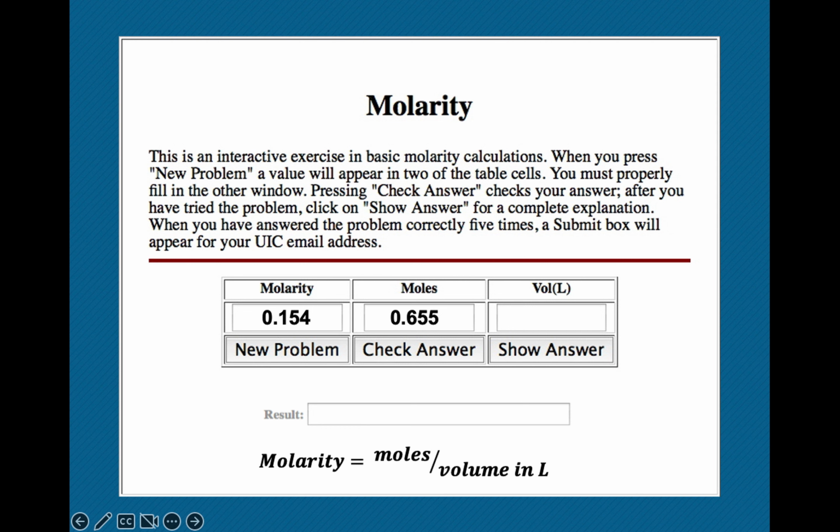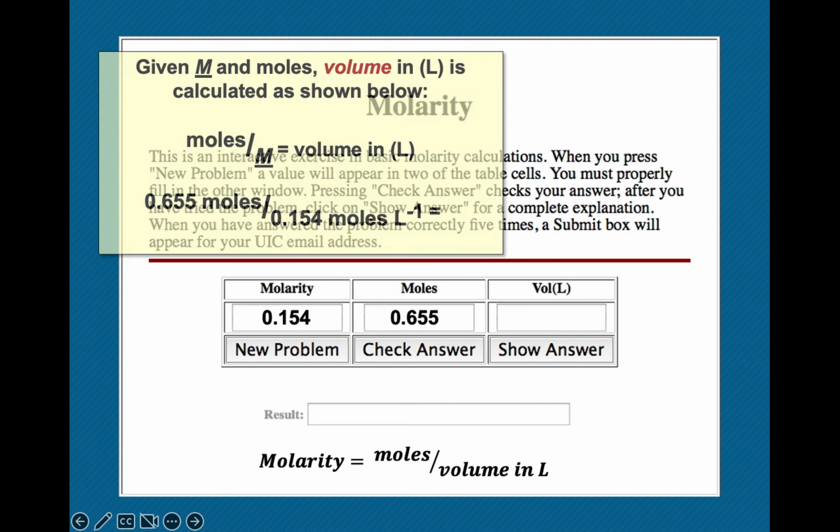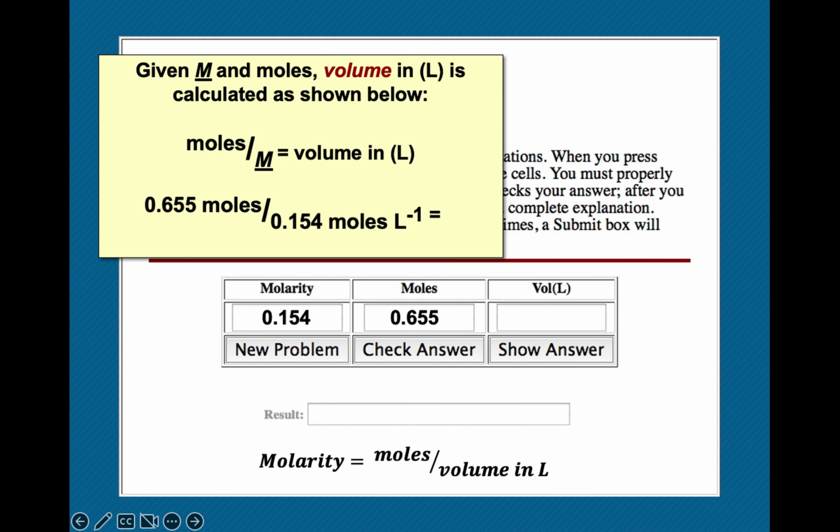So we solve for volume. Volume is moles divided by molarity. Substitute. Do our simple calculation. And we're 4.26 liters.